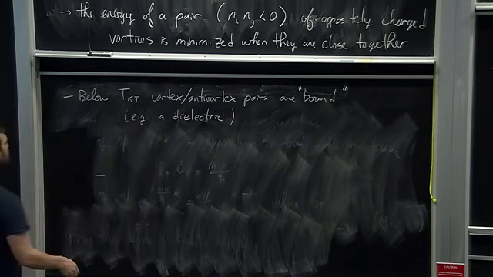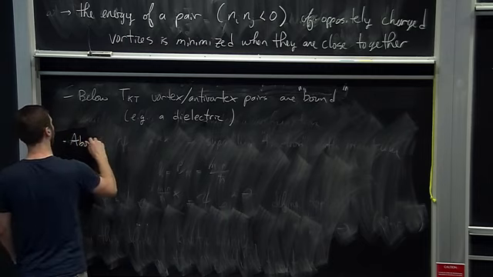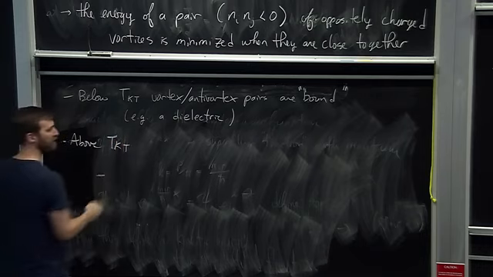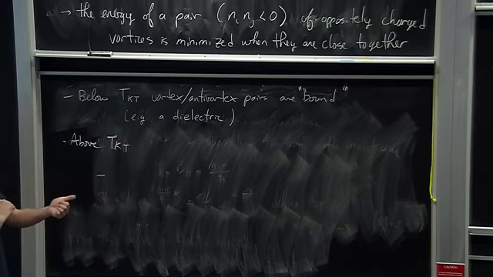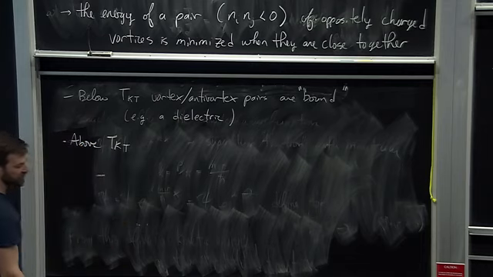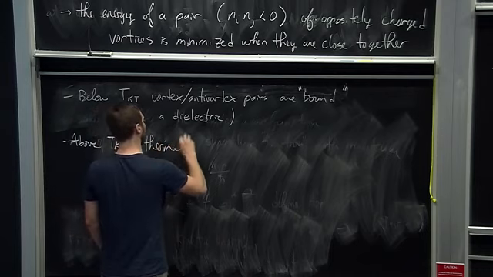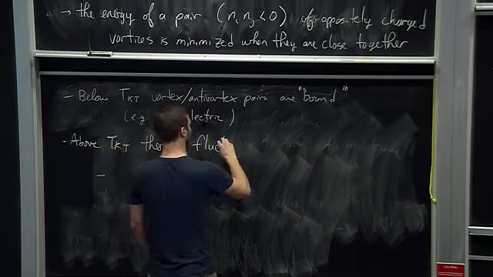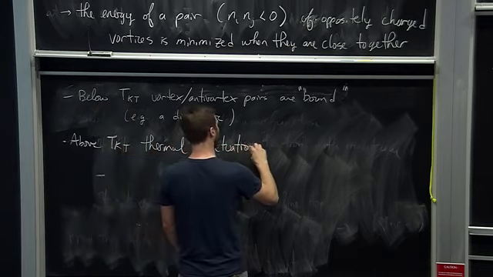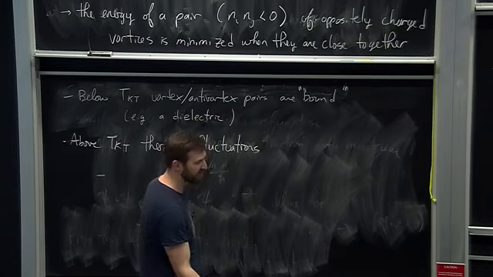And above the Kosterlitz temperature, you know, the entropy wins. You don't care about the Coulomb binding potential anymore. So thermal fluctuations, I guess you can call it melt.